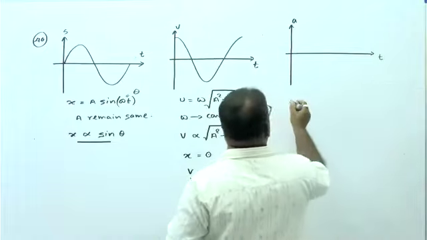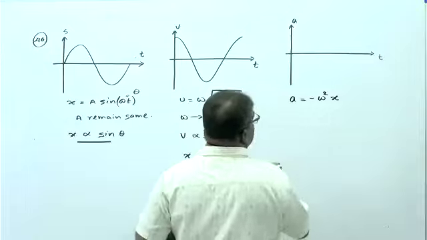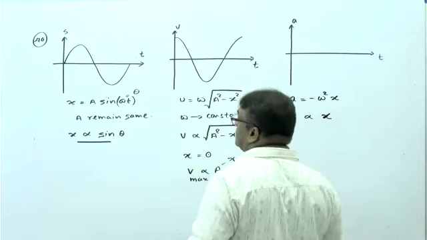Finish. It becomes a = −ω²x. Acceleration is directly proportional to displacement.